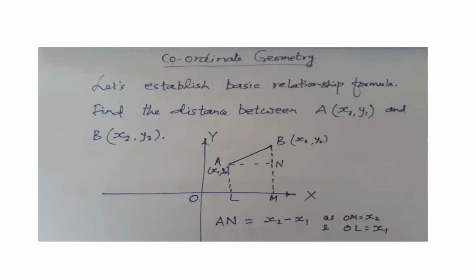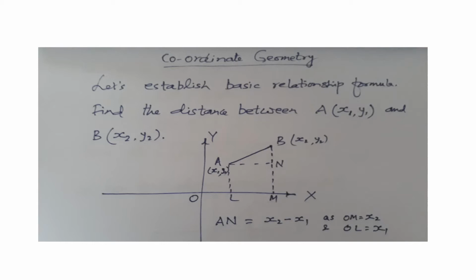So x1, y1 are the distances from both axes. X is the distance from the y-axis, whereas y is the distance from the x-axis. So x1, what is that? For A, you draw a perpendicular from A on the x-axis. So the OL distance is x1 and AL is y1.